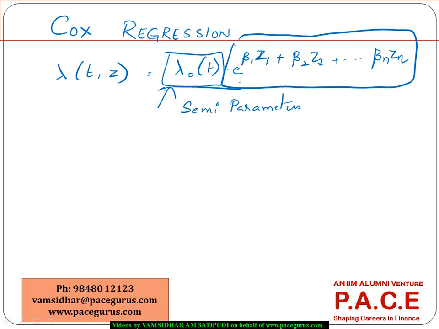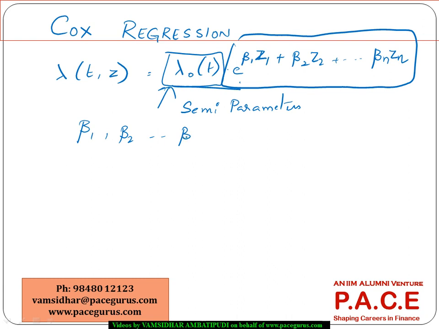Only in this exponential function are we bringing in the parameters. So that's the reason we call the Cox regression a semi-parametric kind of model.